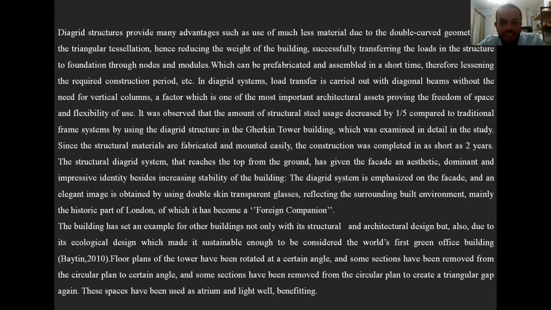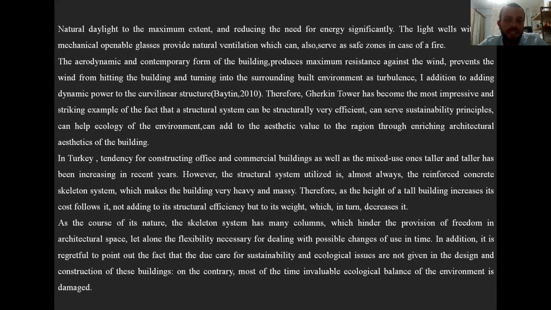This space is used to bring in natural daylight to the maximum extent, reducing the need for energy significantly. The light wells with 792 mechanical openable glasses provide natural ventilation, and can also serve as safe zones in case of fire.